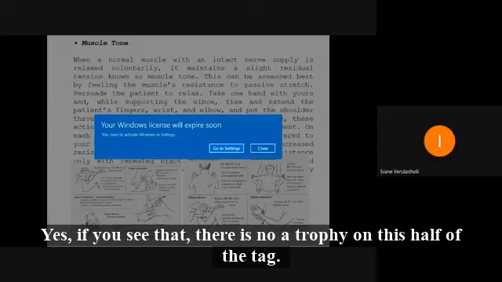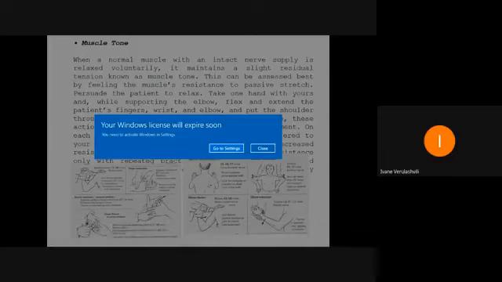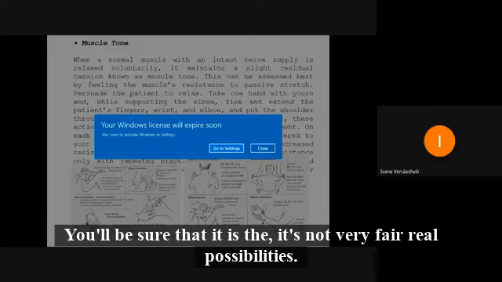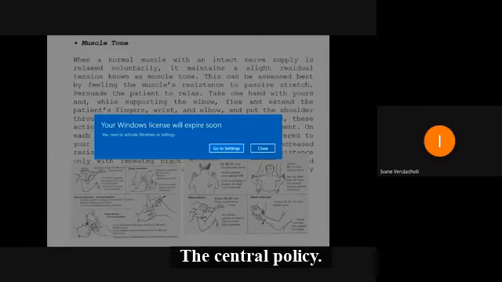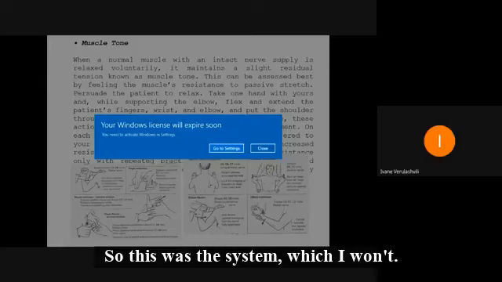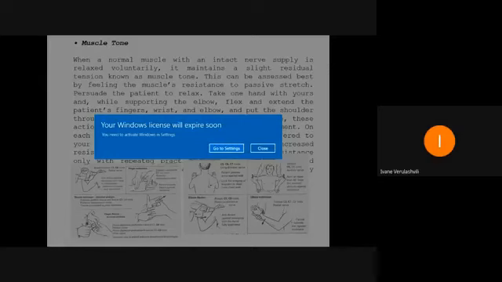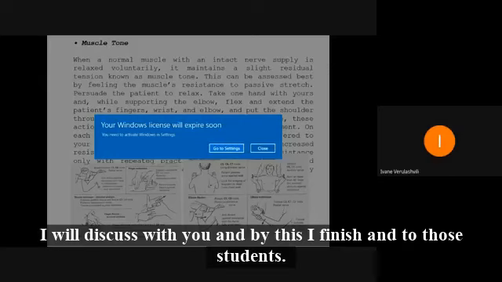If you see that there is no atrophy on this half of the tongue, in this case you will be sure that it's not peripheral palsy, that it is central palsy of the hypoglossal nerve. So this was the system which I wanted to discuss with you, and by this I finish.